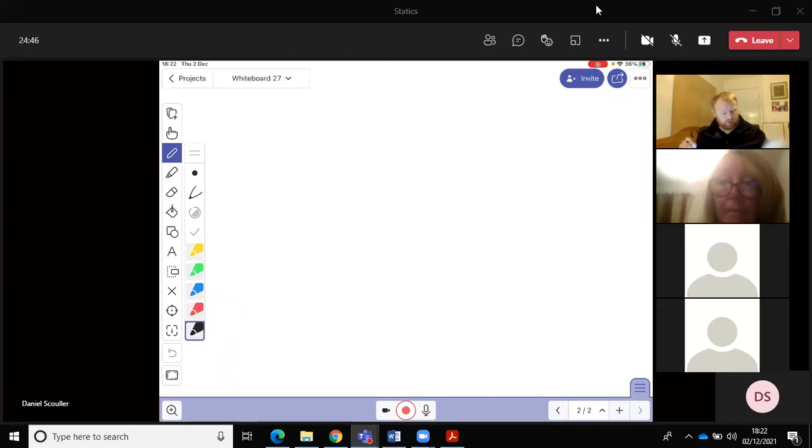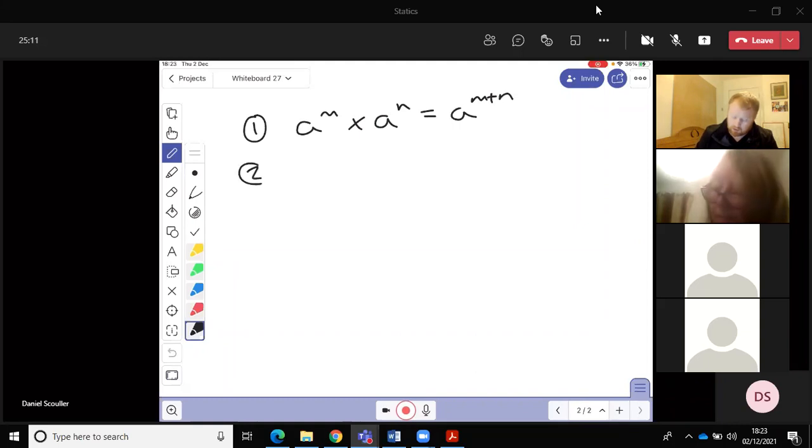Where we left it, we were looking at combining a couple of rules. If you remember when we wrote out the rules for indices and surds, let's write that all out. A to the M times A to the N. You'll have this written down, guys, so you don't need to write it out.